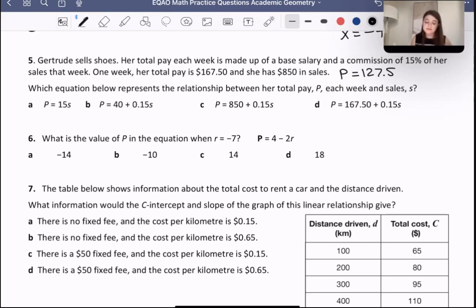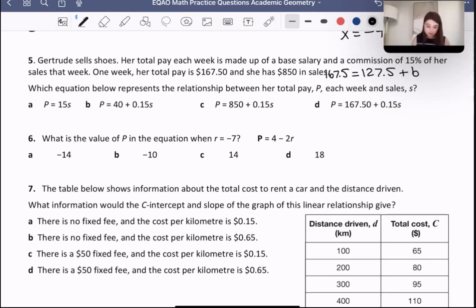That's her commission amount for this week plus her base pay, right? So in this case, we know that her total pay this week was $167.50. And we know 127.5 of that is her commission, right? Because 15% of $850 is 127.5.